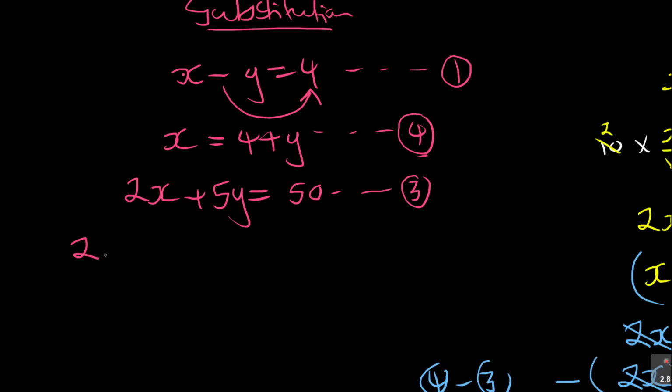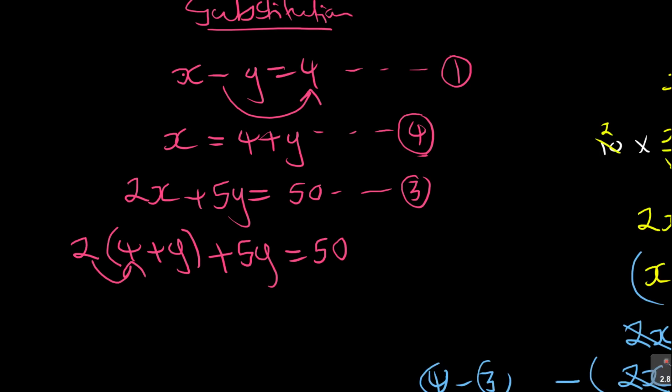So it's 2 bracket 4 plus y, and then plus 5y is equal to 50. Still a good method. Now you open up: 2 times 4, 2 times y. 2 times 4 is 8, plus 2 times y is 2y, plus 5y is equal to 50.